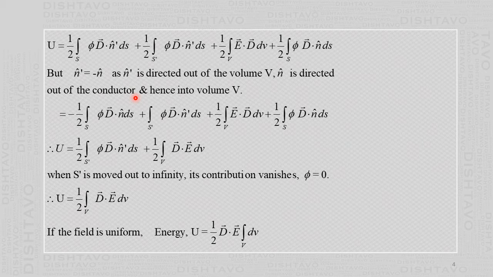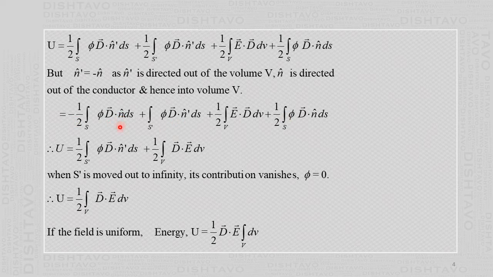Now these surfaces are covering the conductors, so again the direction is out of the conductor, but it is into the volume of the charge distribution. That's why the direction is opposite, so n dash equals minus n. Then substitute n dash as minus n, and write the remaining terms as they are.